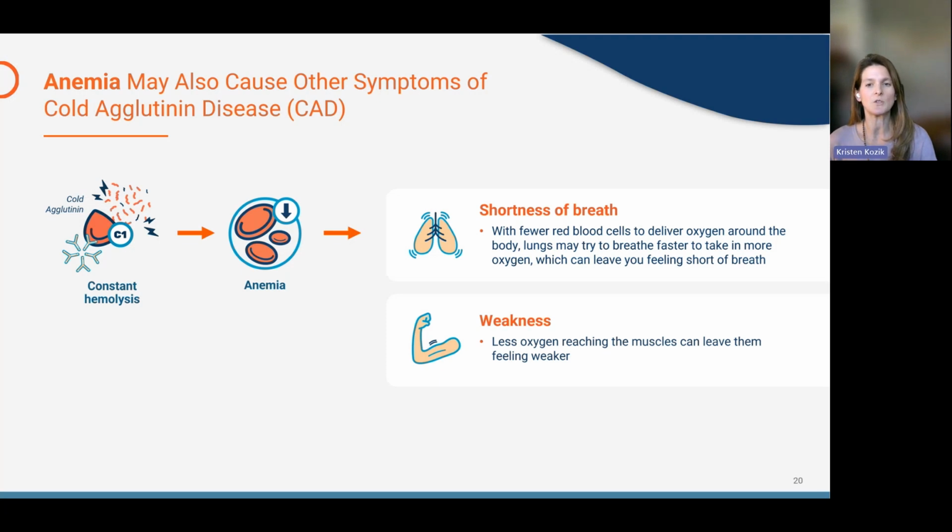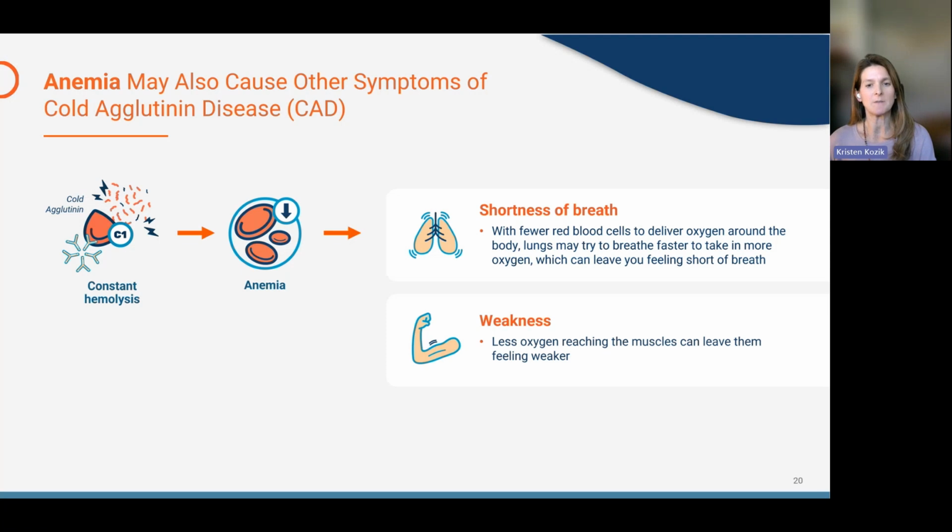So, how does anemia cause shortness of breath? Fewer red blood cells means less oxygen. So, the lungs try to compensate by breathing faster. This can lead to shortness of breath. Anemia also causes weakness, as muscles may not be getting the oxygen that they need. This can lead to a general feeling of weakness throughout the body.